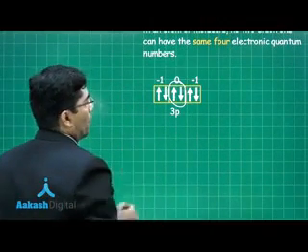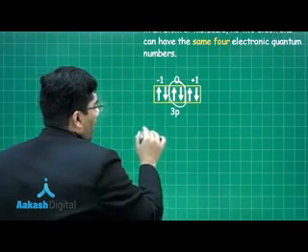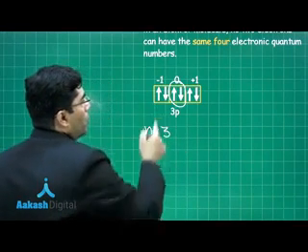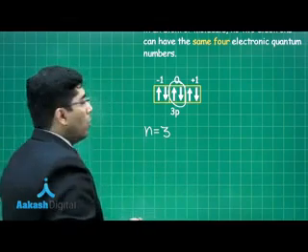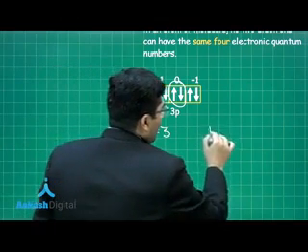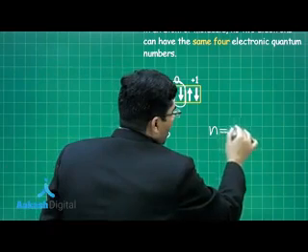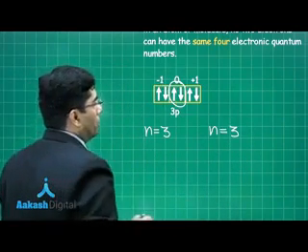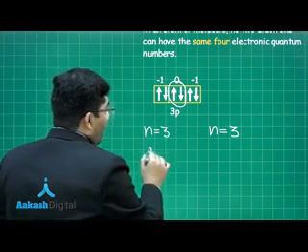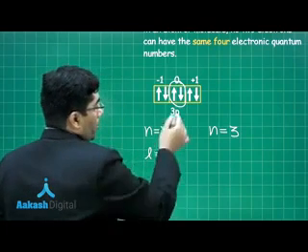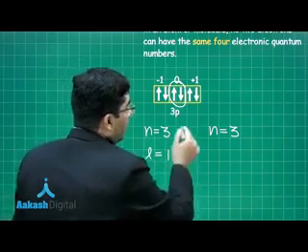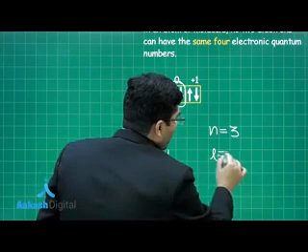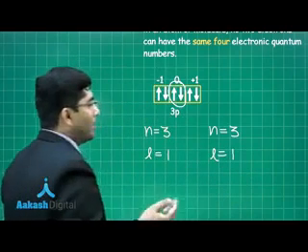So, n is equal to 3 for the electron which is moving clockwise, and n is equal to 3 for the electron which is moving in the anti-clockwise direction. l will also be the same because it is p, and for the anti-clockwise electron it will also be 1 because it is 3p.